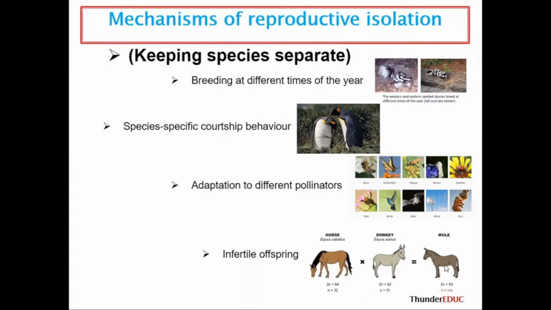So when it is going to carry out meiosis, what is going to give? It is not applicable. This one won't be able to reproduce, so it is infertile. They have crossed and produced a baby, but the baby is not fertile. So it cannot reproduce again and again, and they remain separated.